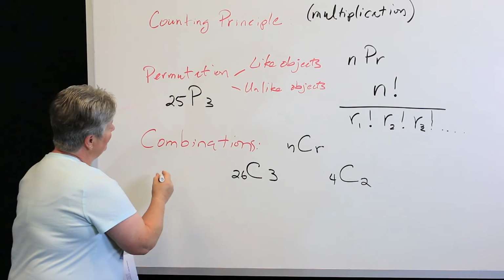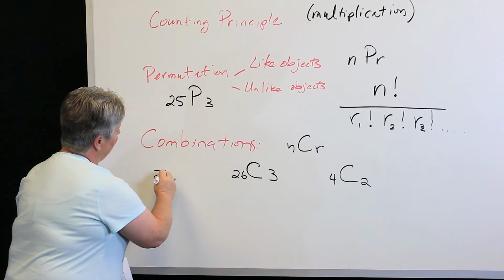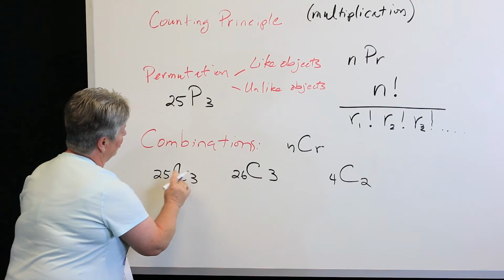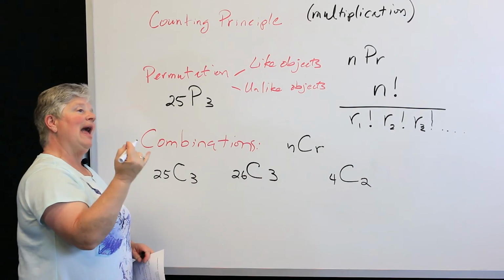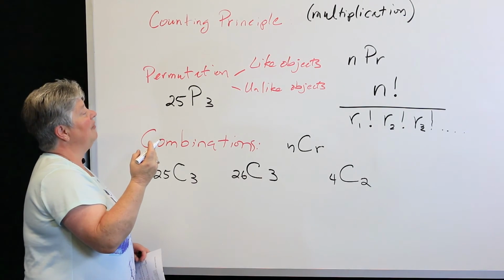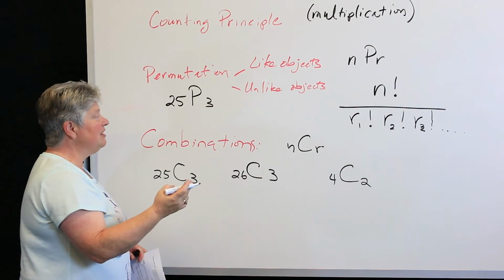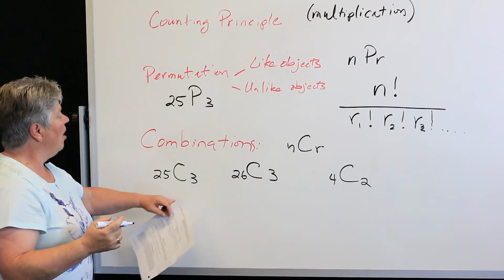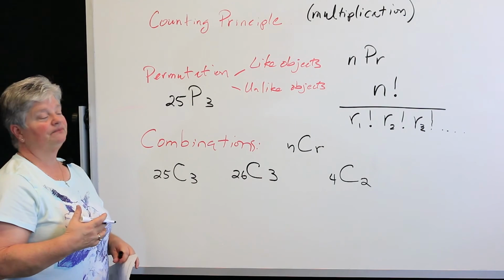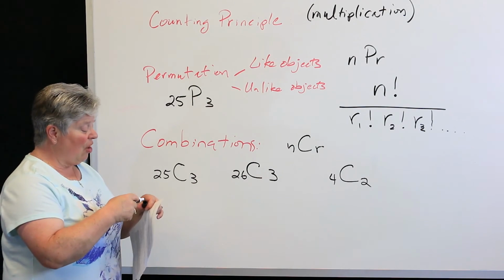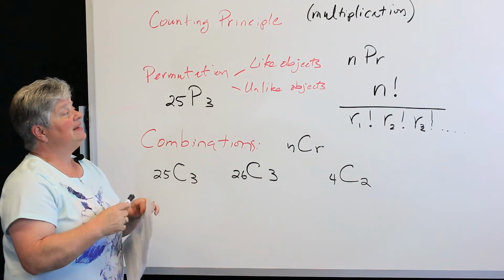So that's going to be a combination of 25, and we're going to choose 3 of them. So with a permutation, I have order, I have a specific function that they're performing. With a combination, I'm just selecting them. I'm just choosing them.